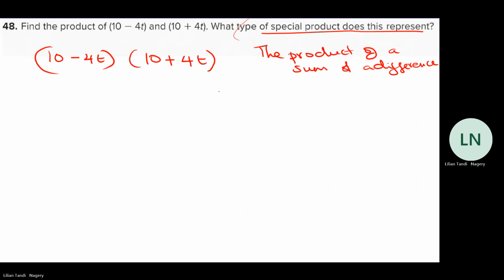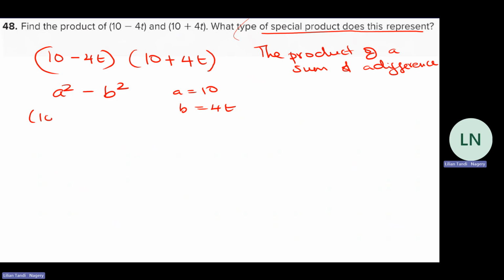Okay, so the rule says a squared minus b squared. Our a is 10, our b is 4t.